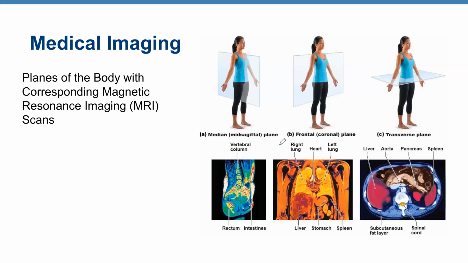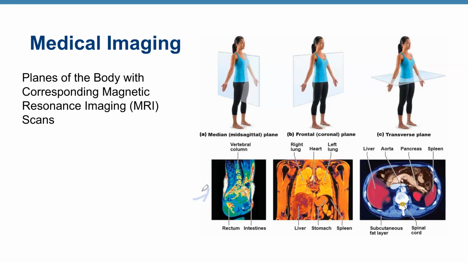Right, so if we go back to frontal, you see lungs over here, the heart, you can see a liver and a spleen and a stomach. And you see the same organs, like the liver, and here's a spleen, but now in cross section or mid-sagittal section.